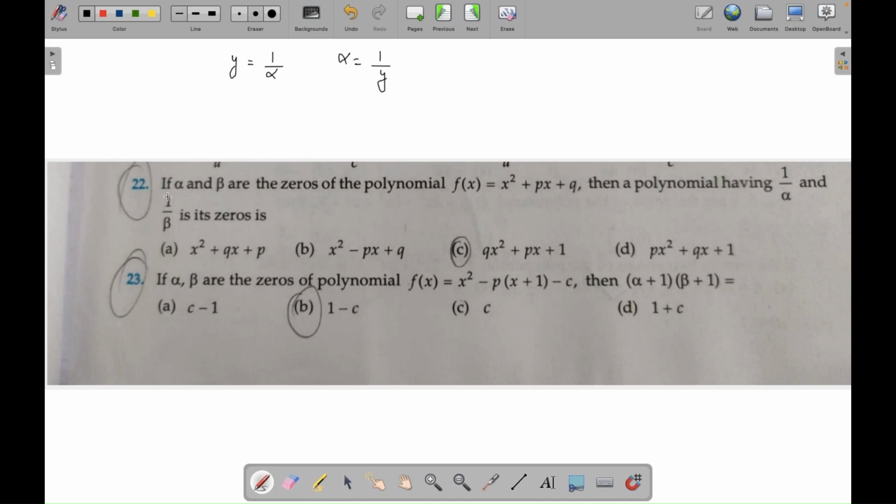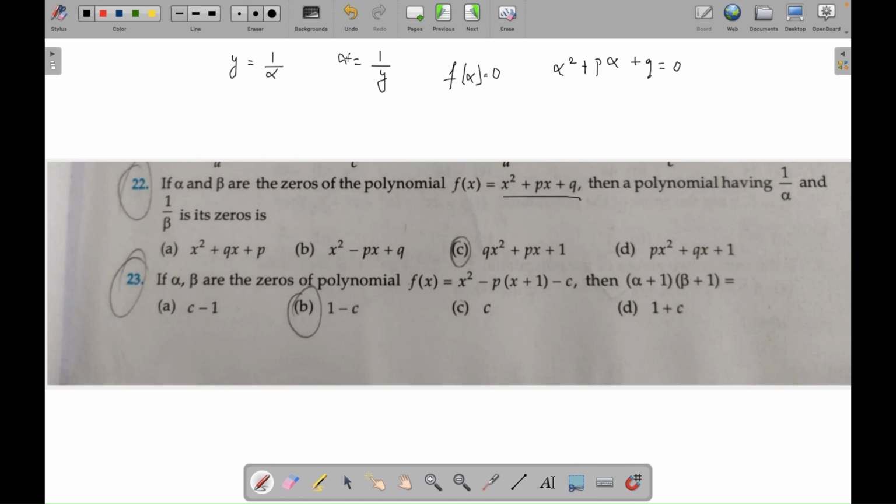We know that alpha is a root of this equation x square plus px plus q. So I can write f of alpha equals 0, which implies that instead of x, if I substitute alpha, I'll get 0. So alpha square plus p alpha plus q is equal to 0.